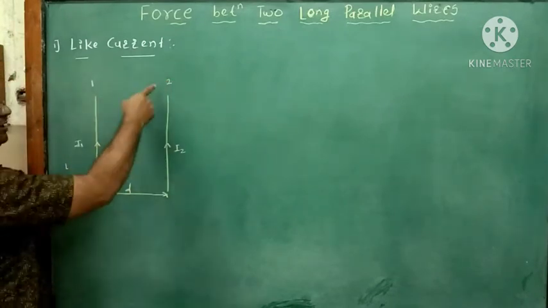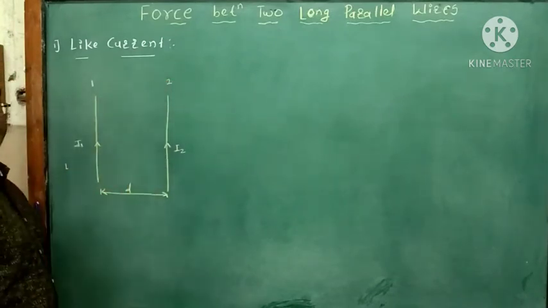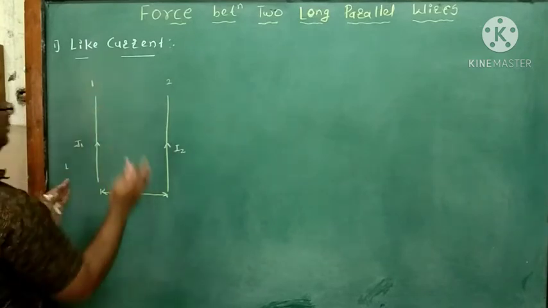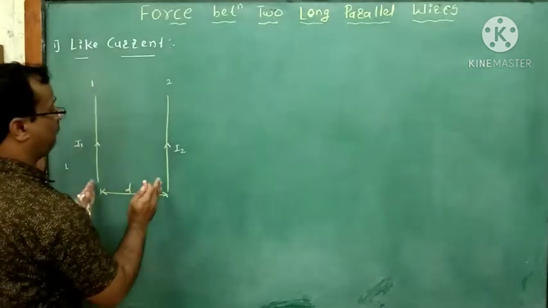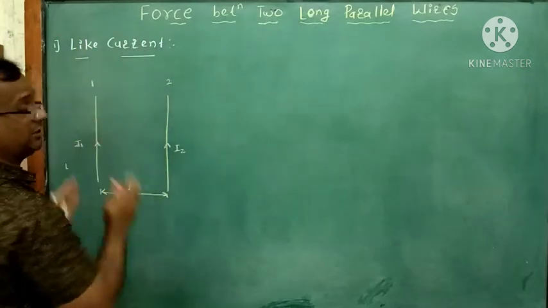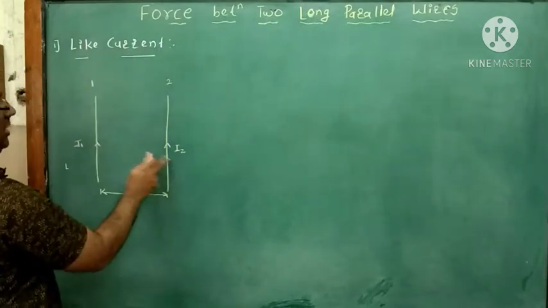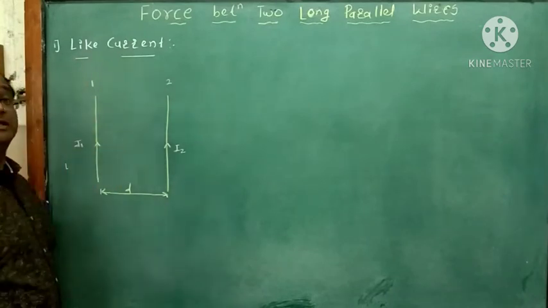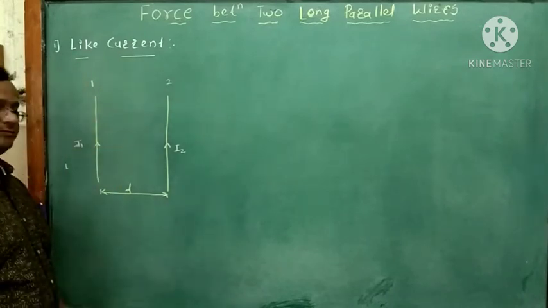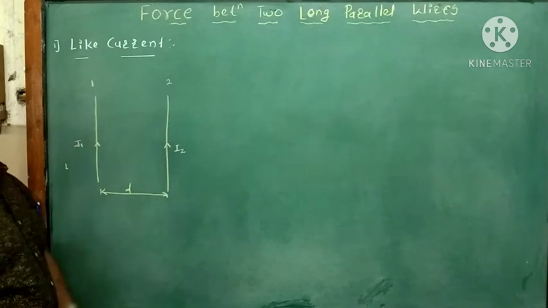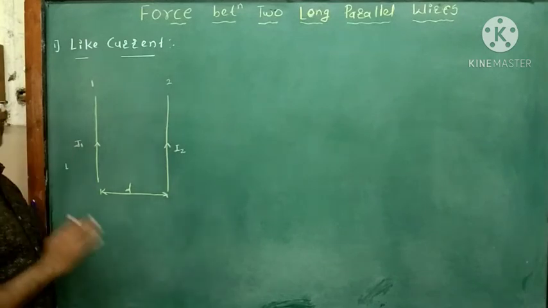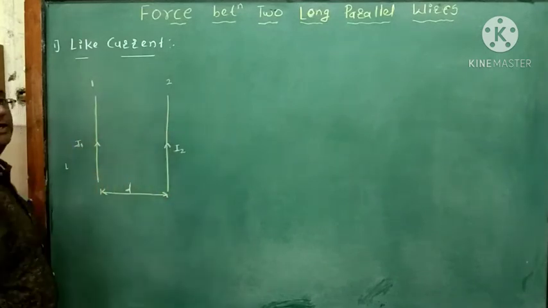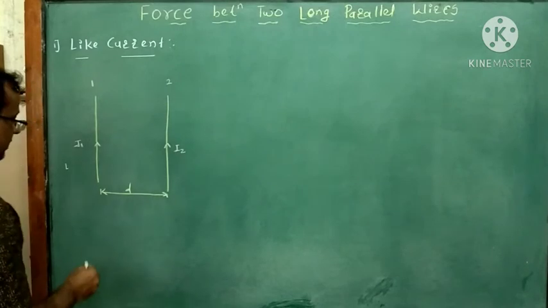Like current means the direction of flow of current through both conductors is the same. That is called like current. Now we want to write the equation for the second conductor.